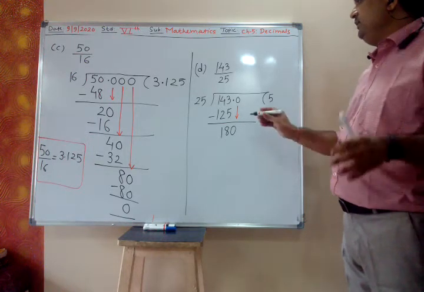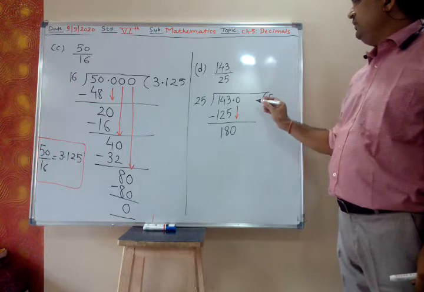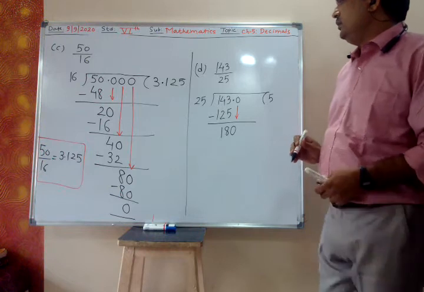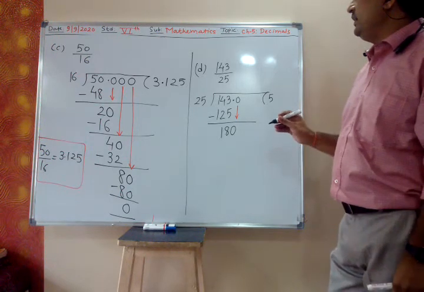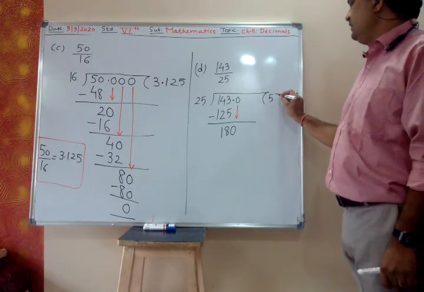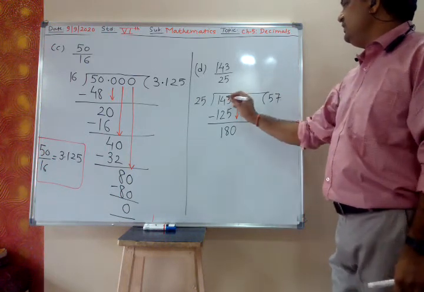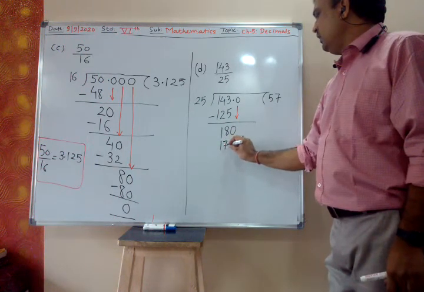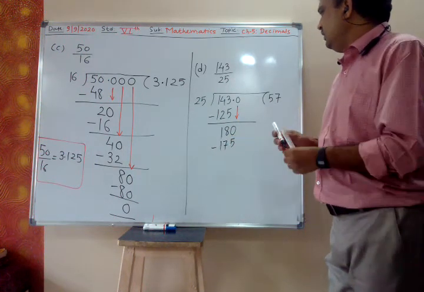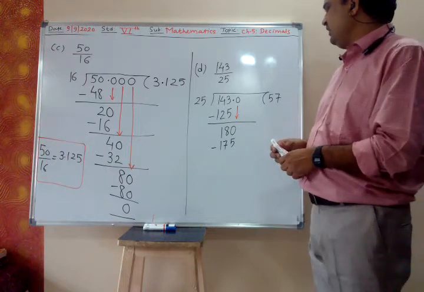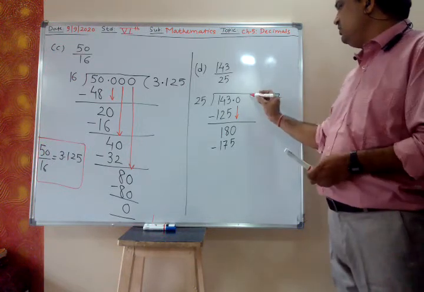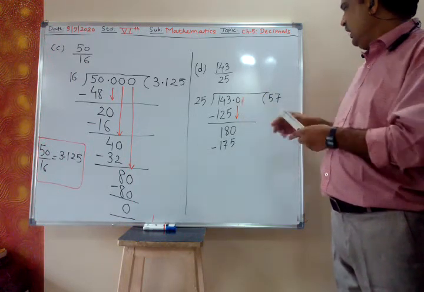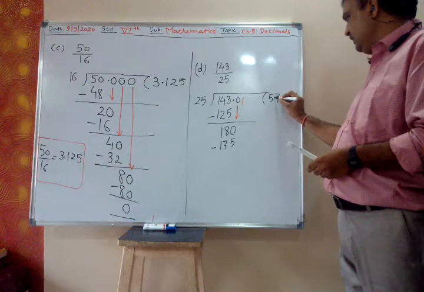So 25 7s are 175. Now I will add the decimal point.